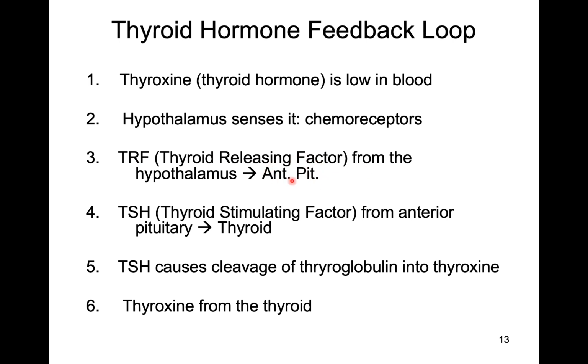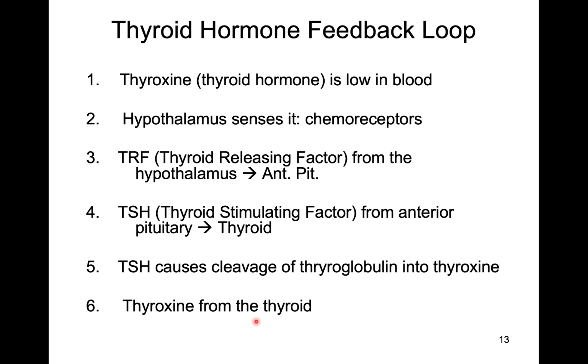The anterior pituitary will then make thyroid stimulating hormone, and thyroid stimulating hormone will stimulate the thyroid to produce more thyroglobulin, which will then turn into thyroxine. Thyroxine, again, is just another name for thyroid hormone.